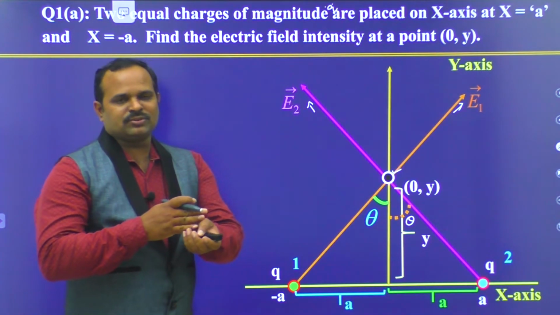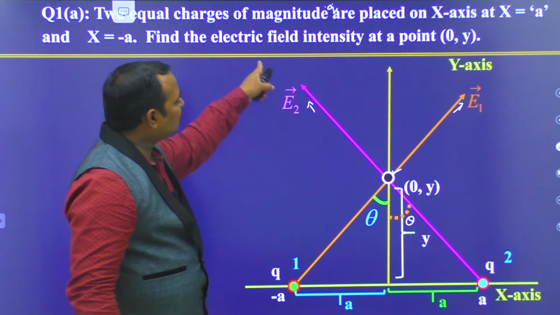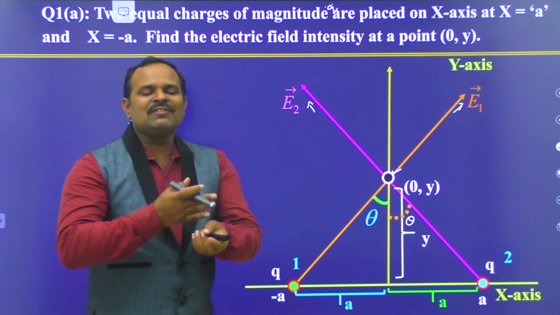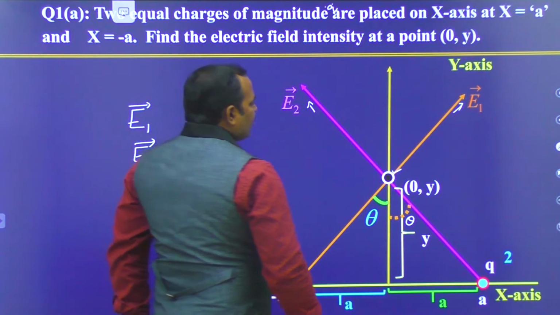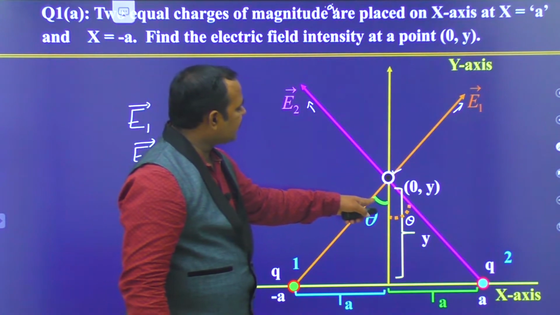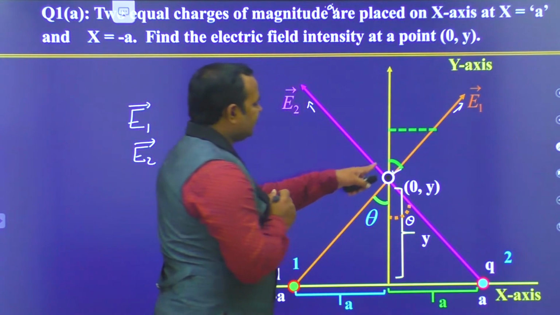Before applying the principle of superposition, let us see, this is the E2 direction, this is the E1 direction. So let us resolve these into different components. To resolve these, you can see here, this is theta, so this will also become theta.